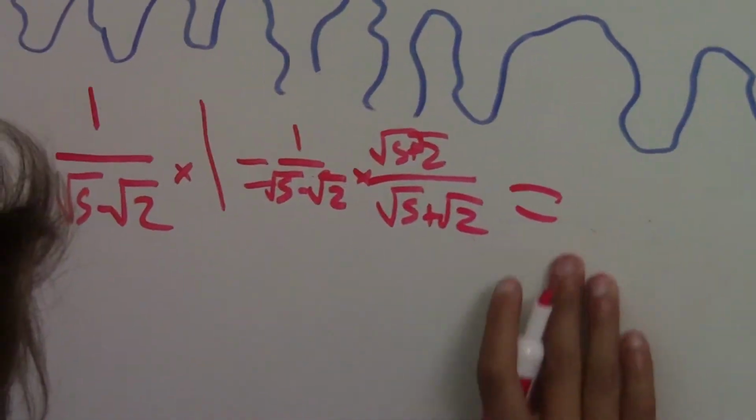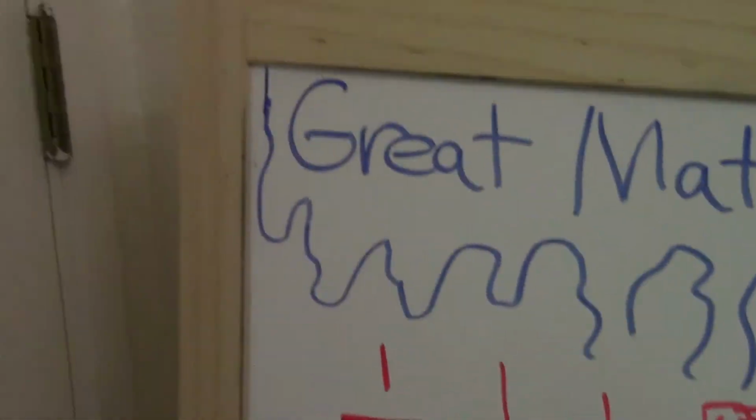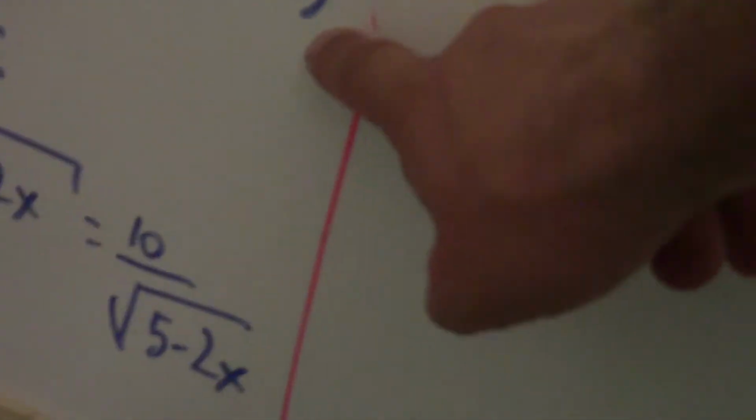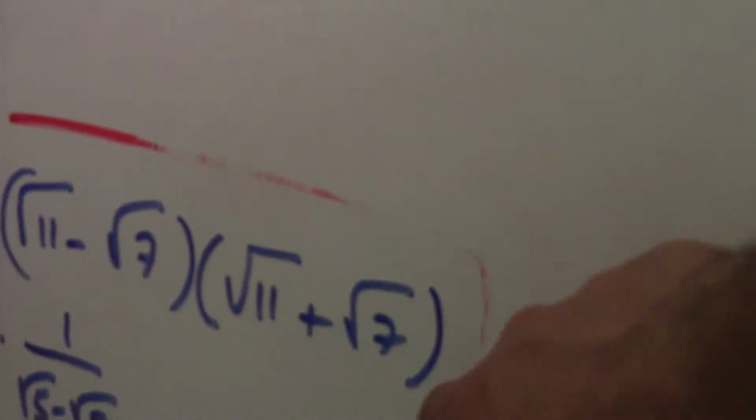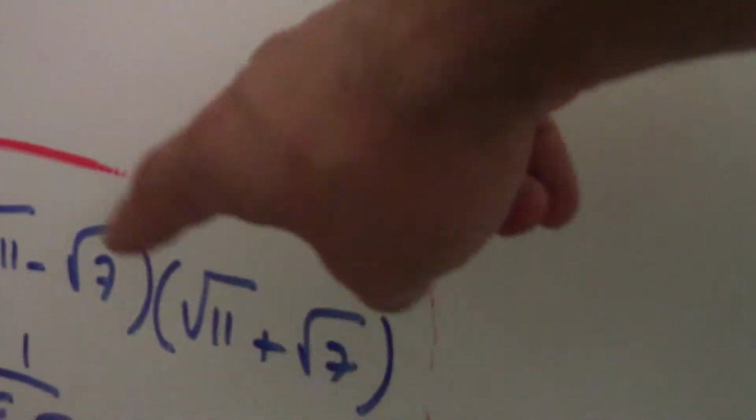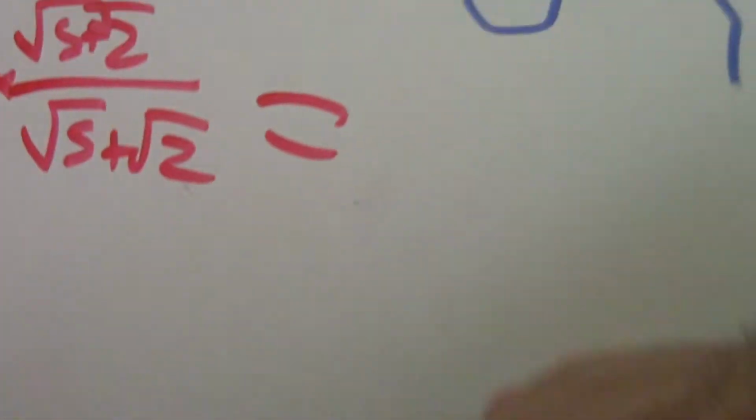Okay, hold on. Stop here. We do that because you remember when we did that we found a number, when all the square roots went away. That's why when you have a plus here and a minus here, we want a plus here and a plus here. You see what I mean?